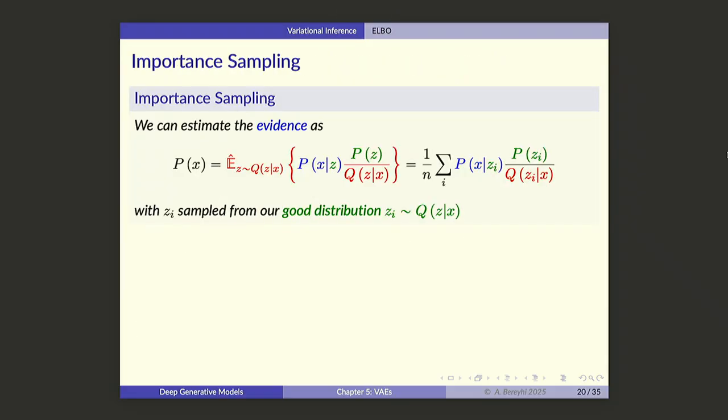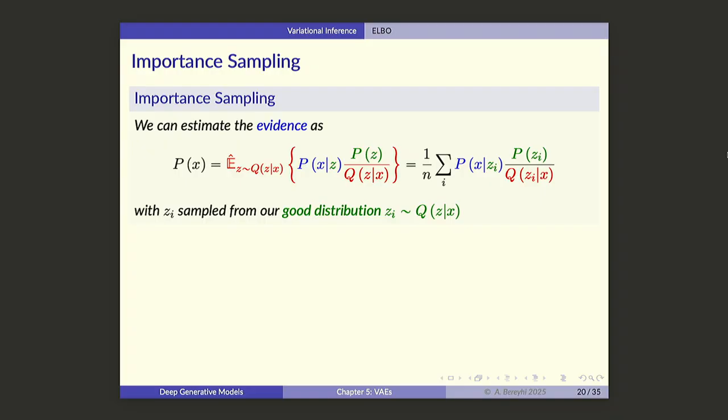If I want to do it by sampling, I am going to sample Q. So I'm going to take a bunch of samples Zi from Q. And then I take those samples and put them inside this expression. So Z is going to replace here everywhere. And then I'm going to average those samples, right? Everybody's clear? This is what we call importance sampling.